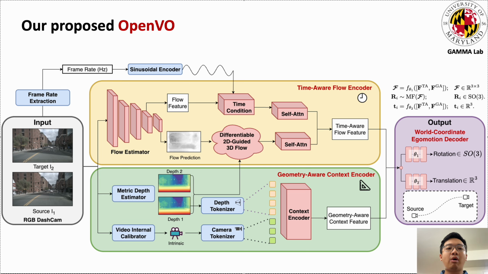To estimate the world coordinate ego motion, we concatenate the time-aware flow feature and the geometry-aware context feature, which is then mapped to ego translation and rotation by two MLP branches. Since OpenVO is explicitly conditioned on frame rate, we perform temporal frequency augmentation during training to expose it to multiple timescales by subsampling the frames.